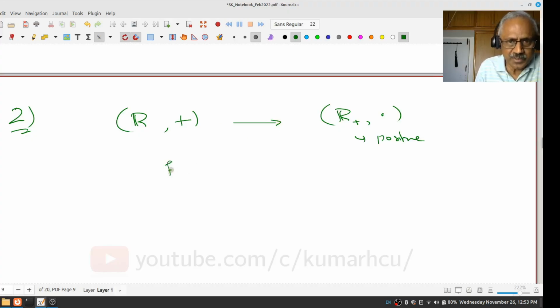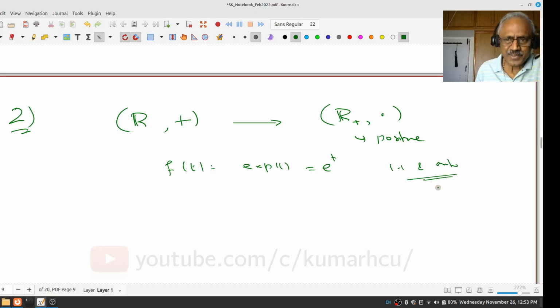We wanted a group homomorphism. The obvious thing was to define f of t equal to exponential t, or e power t. Then we know that this is one-one and onto. The inverse f inverse of x, with elements x, y here and s, t there, will be log of x.